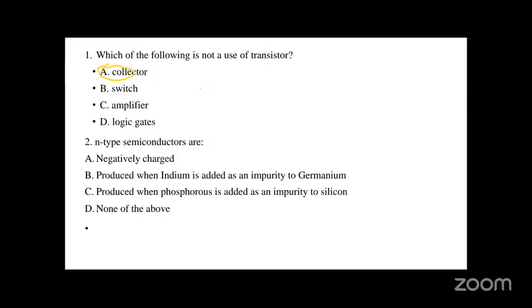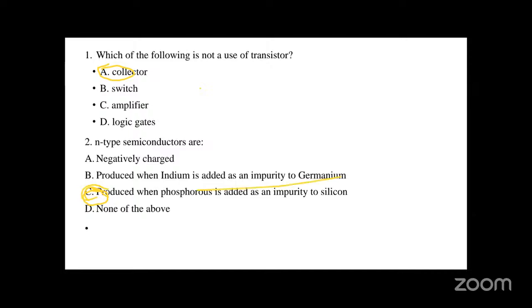So that 1 excess electron is what makes the semiconductor material become N-type. So the correct answer is C.